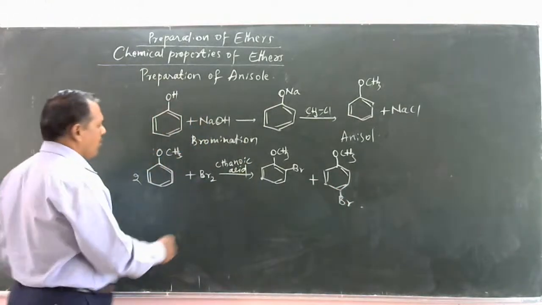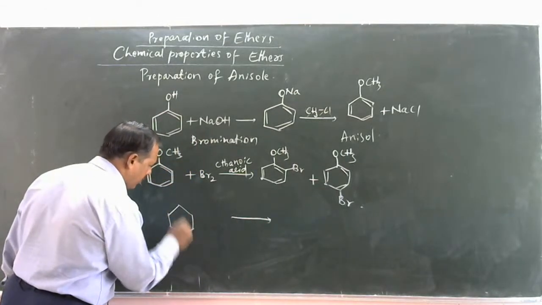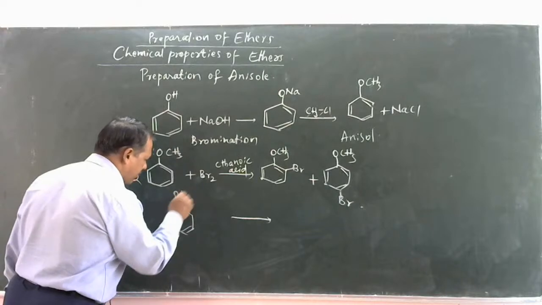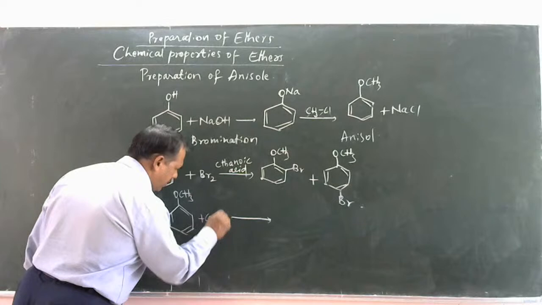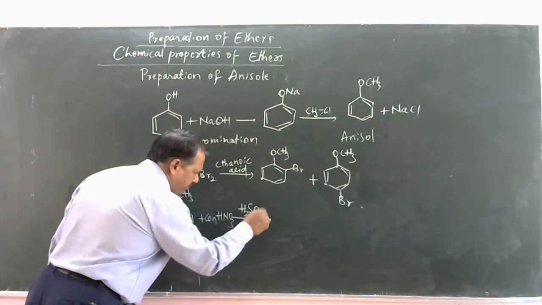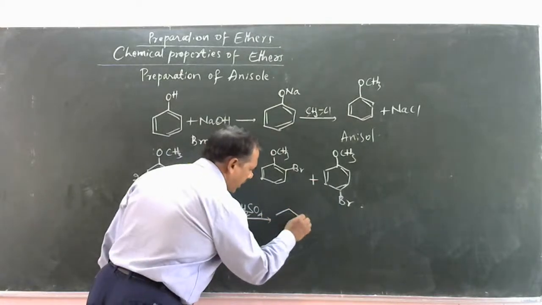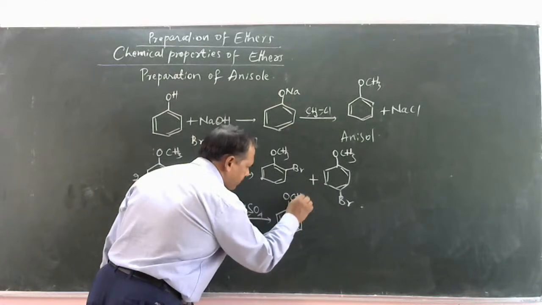See here, the major product is para-bromoanisole. If you go for nitration, when anisole reacts with concentrated nitric acid in the presence of concentrated H2SO4, again we will get the same OCH3.